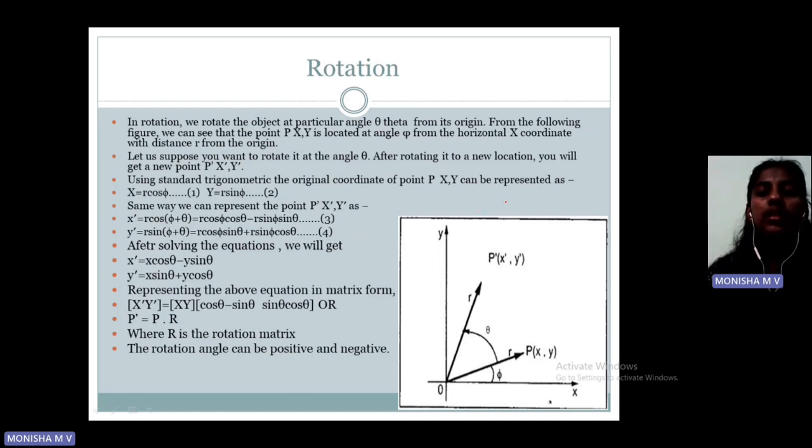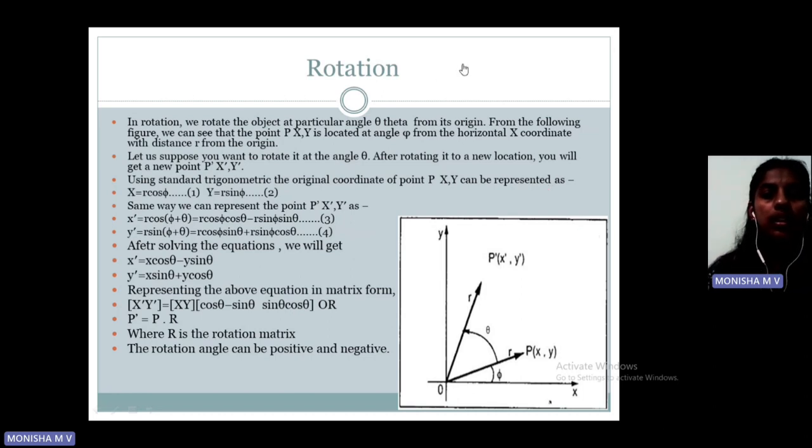We can call it equation 1. And the y coordinate is y equals r sin phi. We can call it equation 2.